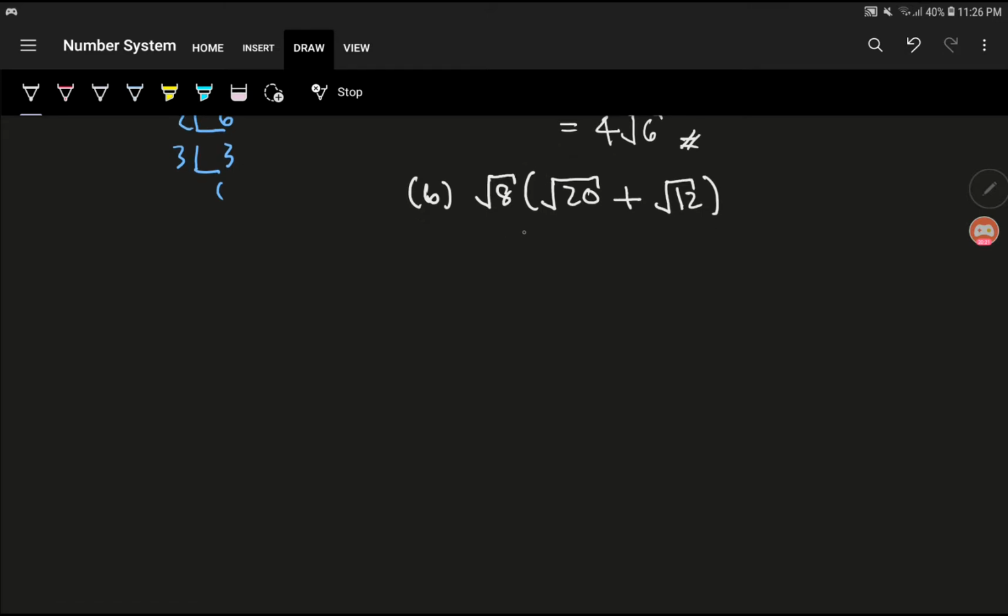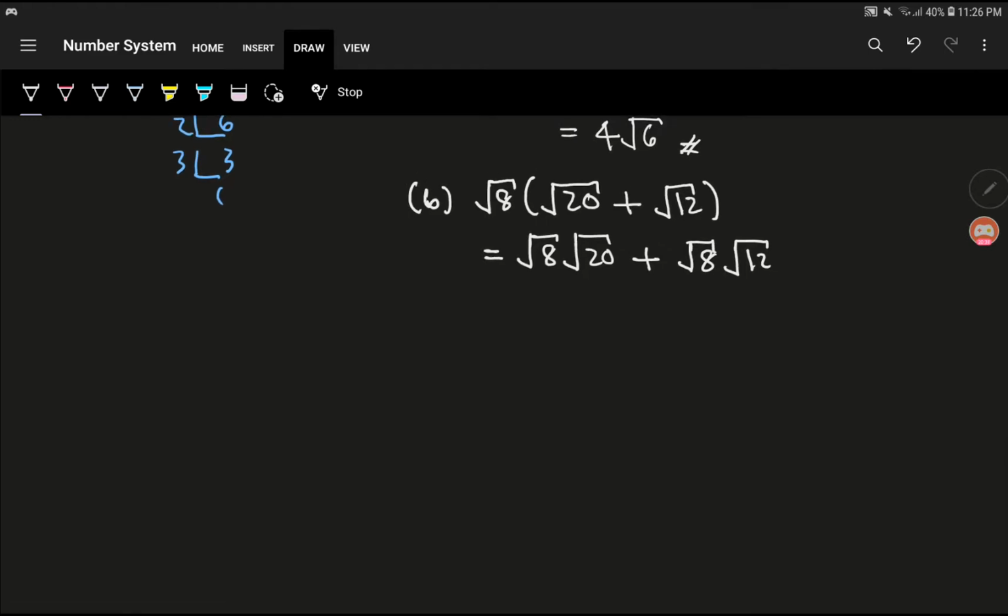So what we have here is surd 8 multiply surd 20 plus surd 8 multiply surd 12, according to the rule that we have shown just now.